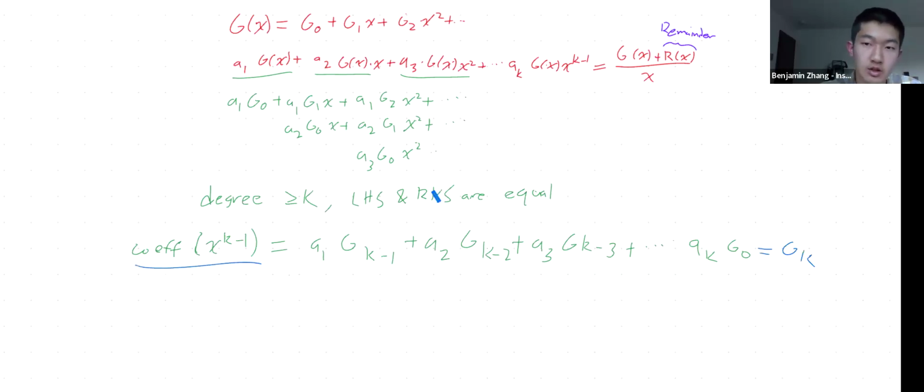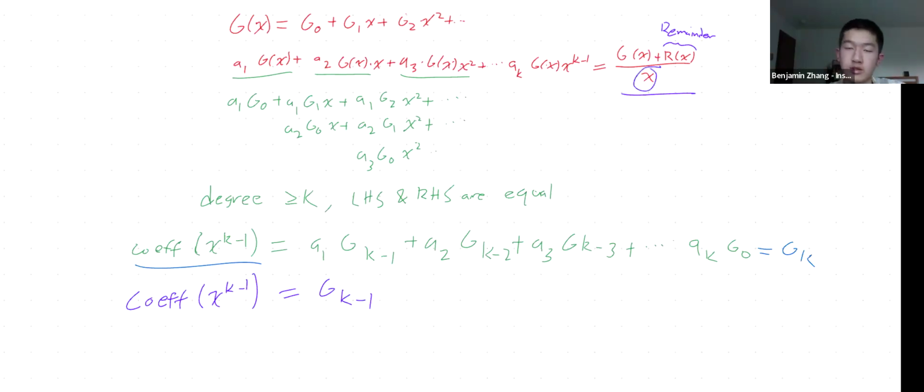But in g of x, the coefficient of x to the k minus 1, from our definition of the infinitely long polynomial, is equal to g of k minus 1. And that is exactly why we needed to divide by this x down here, because it makes the coefficients equal.